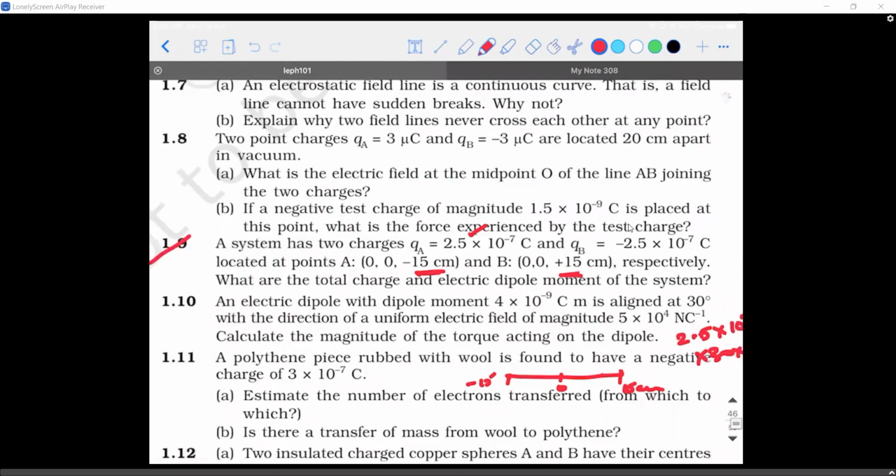Similarly, try out 1.8. Two point charges QA and QB are located 20 centimeter apart in vacuum. What is the electric field at the midpoint O of the line AB joining the two charges?